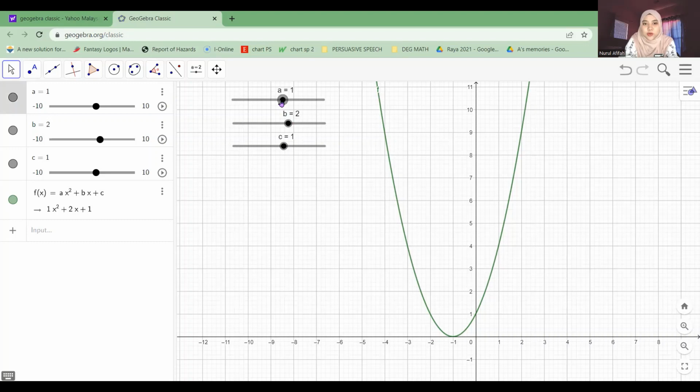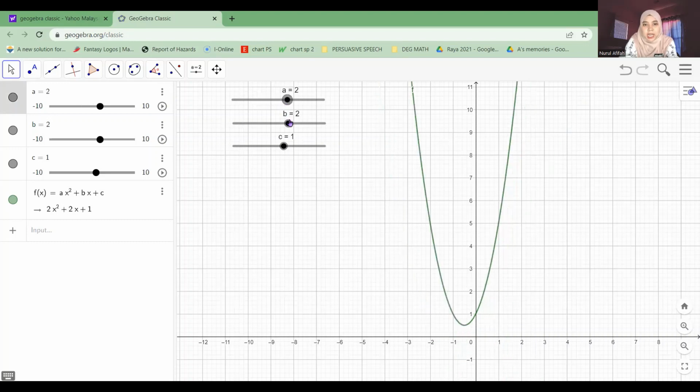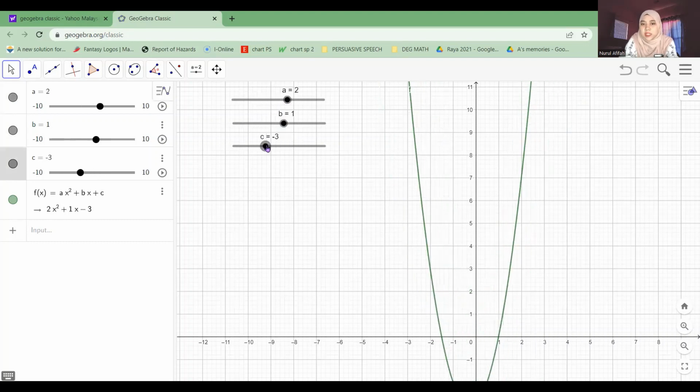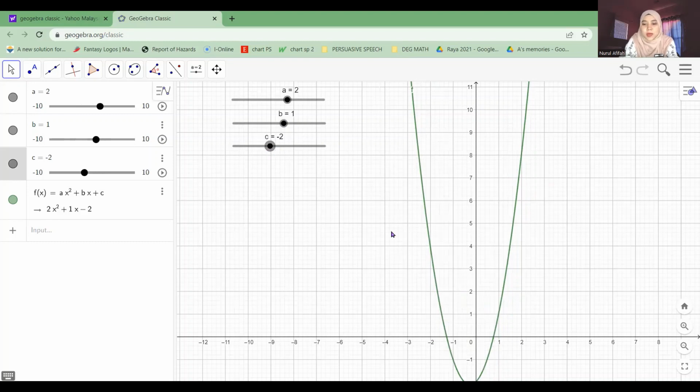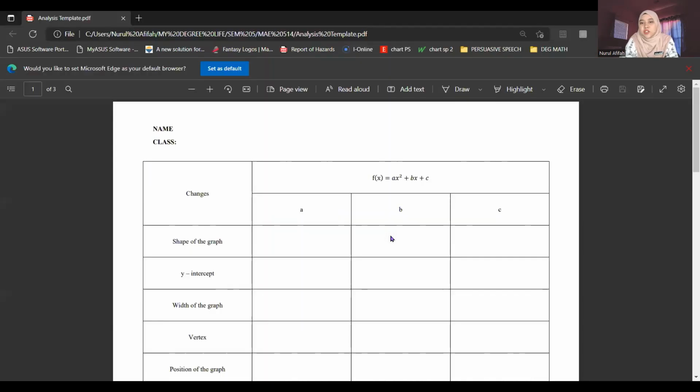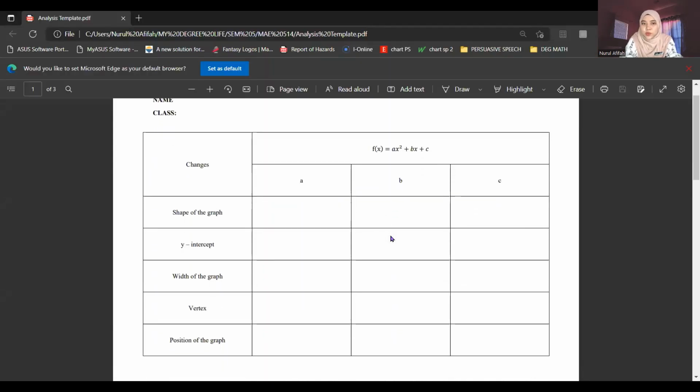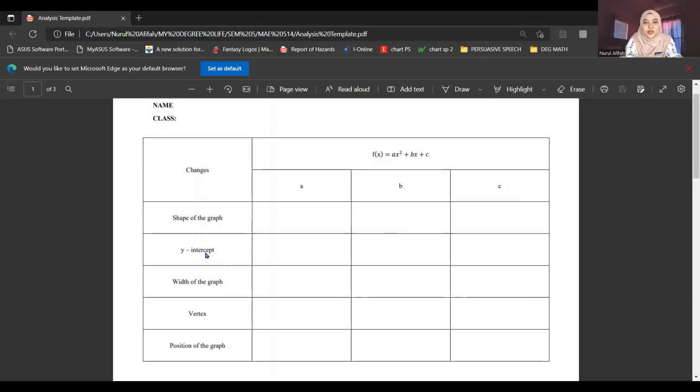What happens if you change the value of a, the value of b, and the value of c? And after that, you must fill in the analysis template that I have shared with you through WhatsApp. You understand? Okay, your 10 minutes start from now.